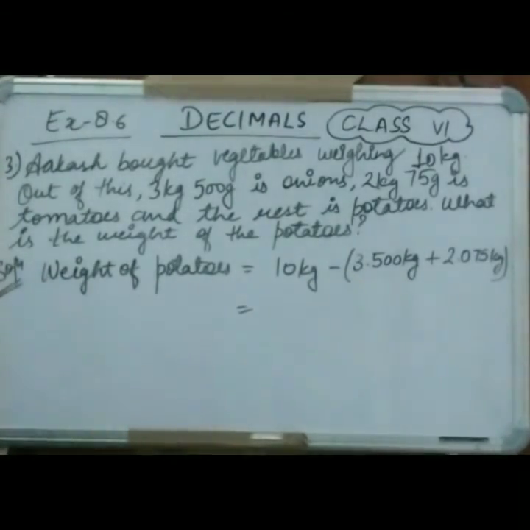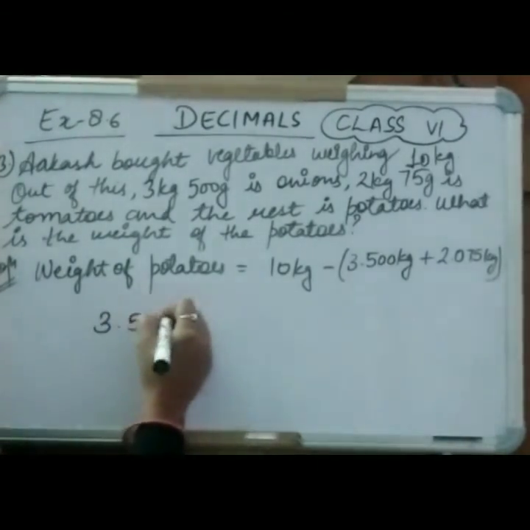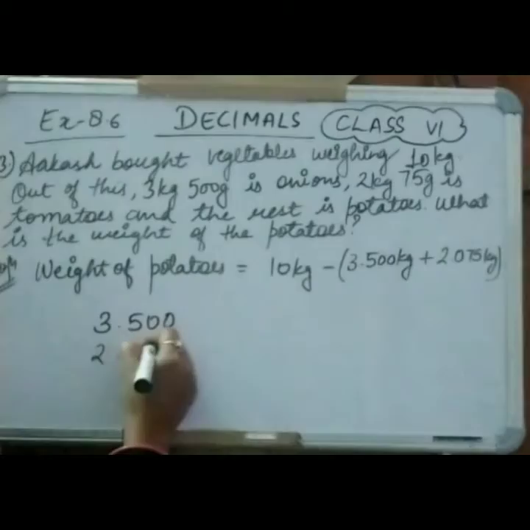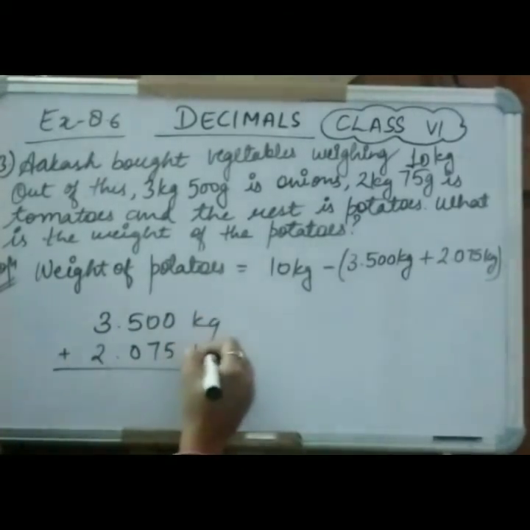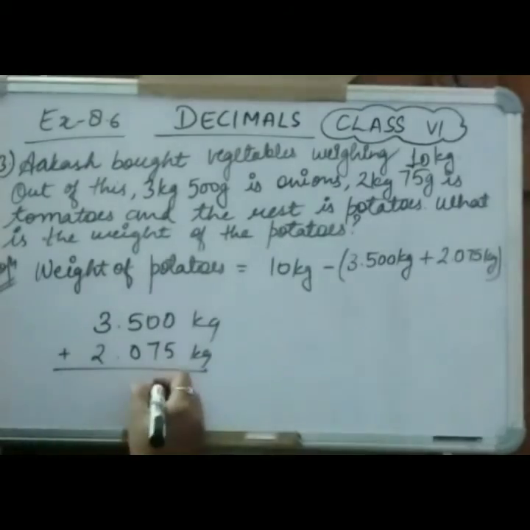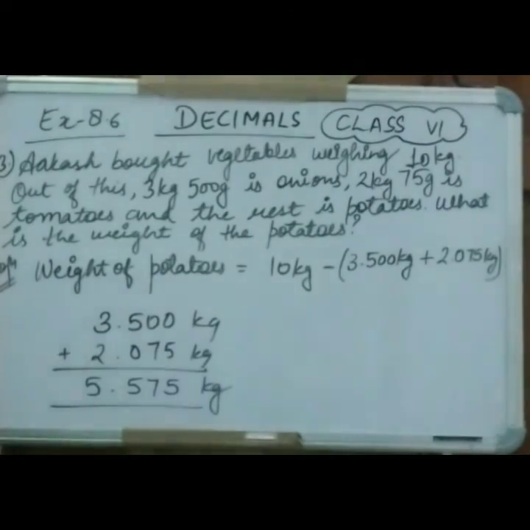Okay. So addition of these two is here 3.500 and 2.075. This is the addition 5, 7, 5 and 5. 5.575 kg is the weight of onion and tomatoes.